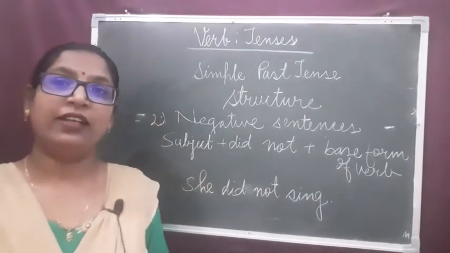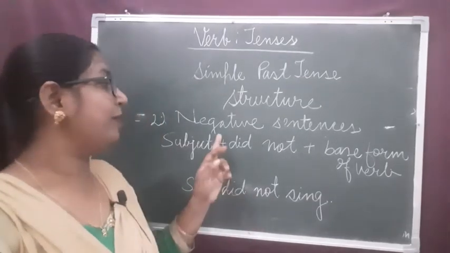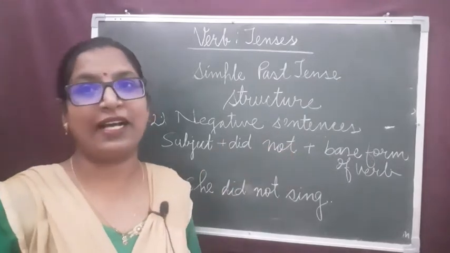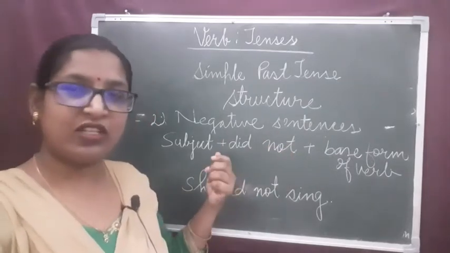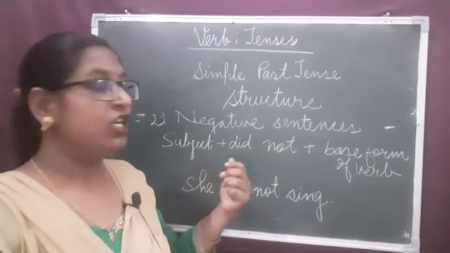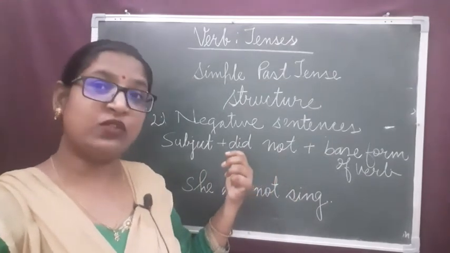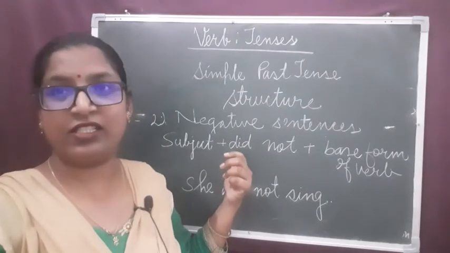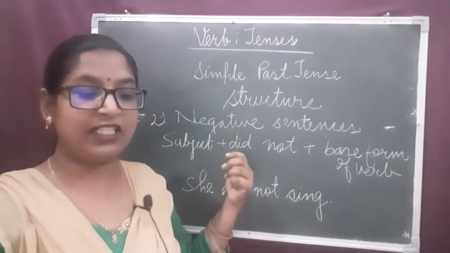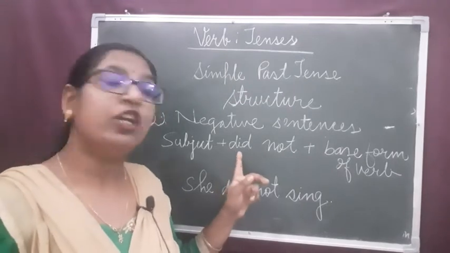Now, dear children, let's see how to frame a negative sentence in simple past tense. The structure is subject plus did not. Did is the past tense form of the verb do. This is the auxiliary verb, past tense form of the auxiliary verb do.